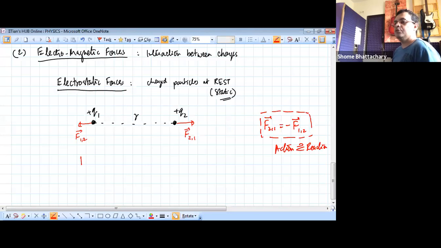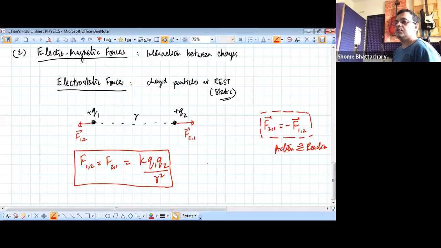Now, the magnitude of this force is given by a formula. This is why I said it's similar to Newton's law of gravitation. It's proportional to the product of the magnitudes of the charges and inversely proportional to the square of the distance. This principle is called Coulomb's law.